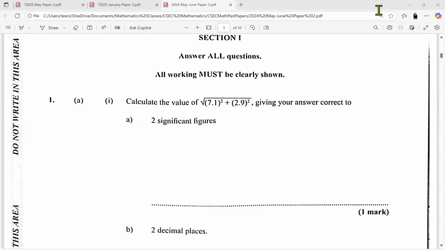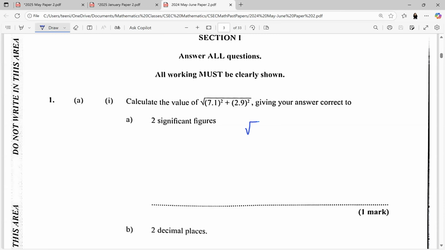Right, so calculate the value of the square root of 7.1 squared plus 2.9 squared. For this, if you're going to type it in directly into your calculator, you have to put an extra pair of brackets. So my suggestion is to actually just do it in parts, right?